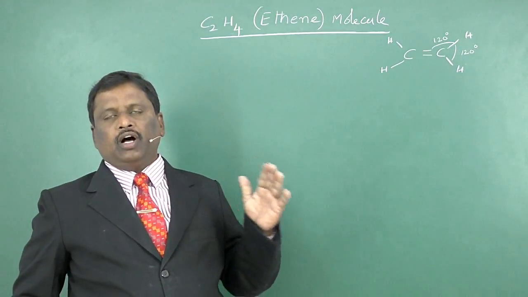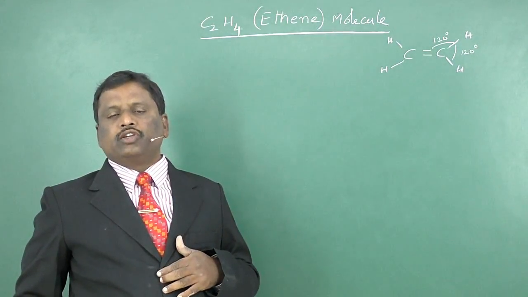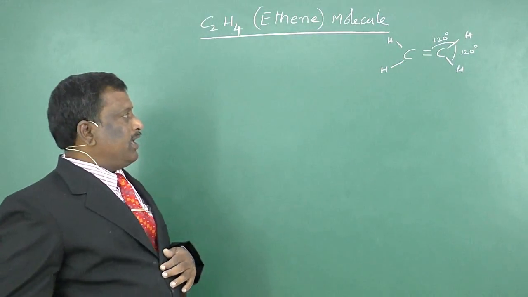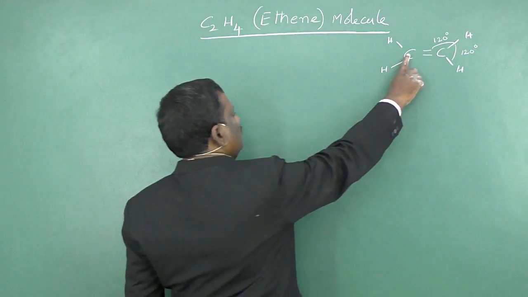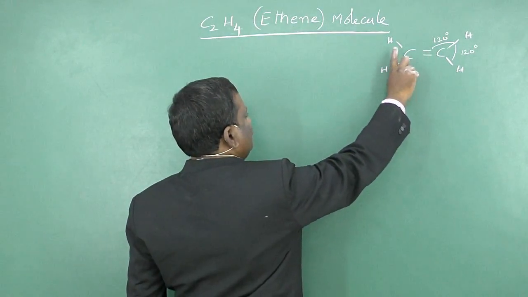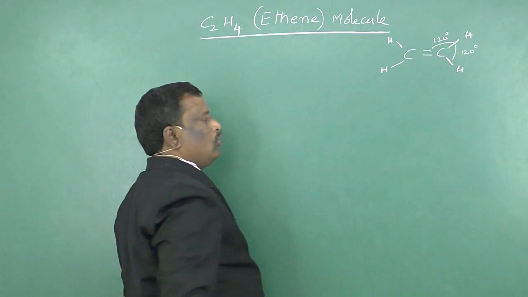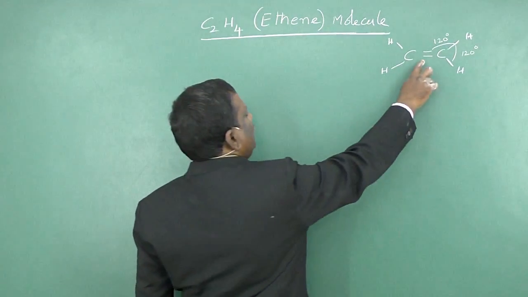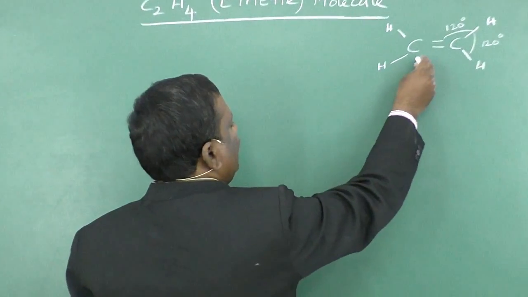So let us verify how sp2 hybridization is involved in carbon. In this C2H4 molecule, you may observe that 2 carbon atoms are present as central atoms and 2 hydrogen atoms are bonded to each with a covalent bond, and between carbon and carbon we have a double bond.